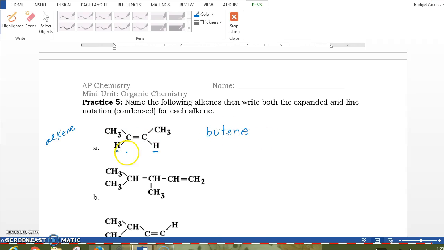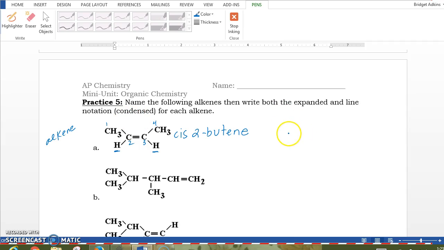And then we need to let people know, well, where is the double bond happening? And if I number it left to right or right to left, I get the same combination. So this would be 2-butene. And since the H's are on the same side, we would put cis out in front. So this is cis-2-butene.